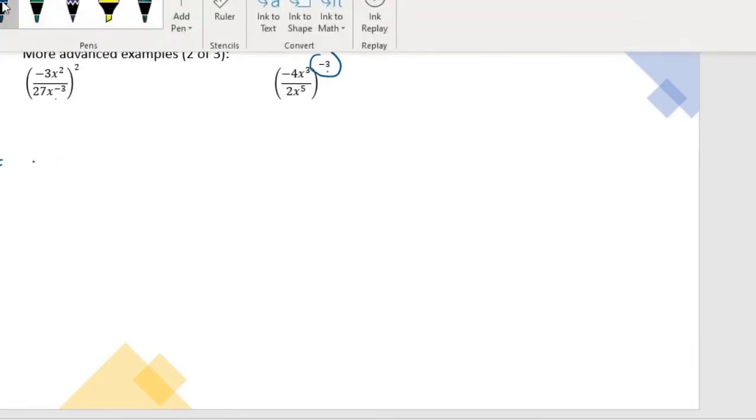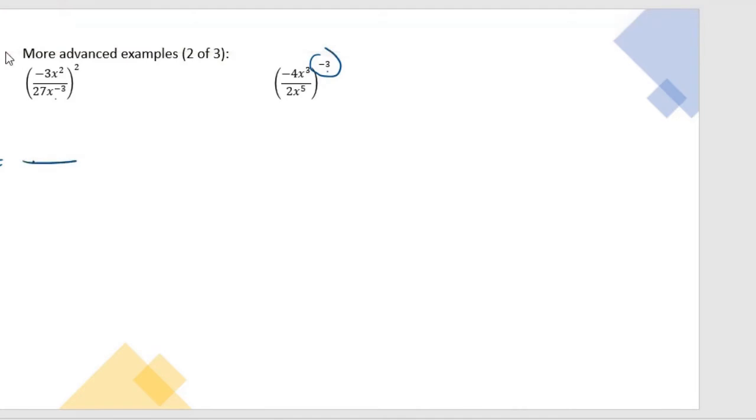I'll draw a single fraction line, and of course this will still be in brackets and all raised to the power of 2. -3 and 27 I recognize as being divisible by 3. -3 divided by 3 is -1, so I'll have a -1 in the numerator. 27 divided by 3 is 9. So now, of course, if that 1 is not the only thing in the numerator, the 1 won't stay there.